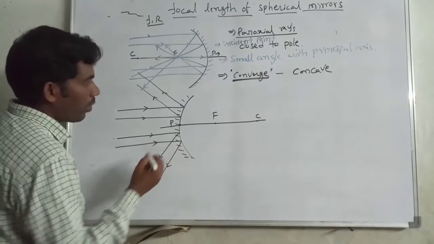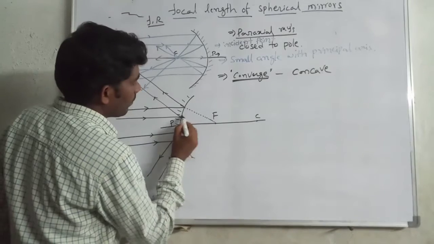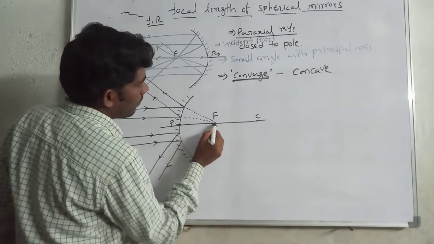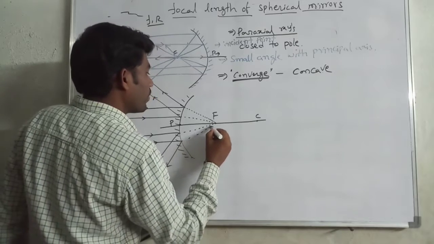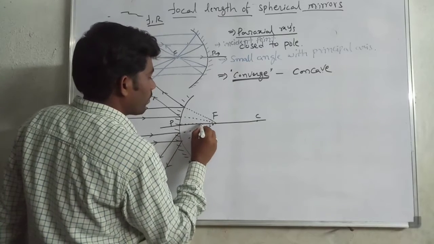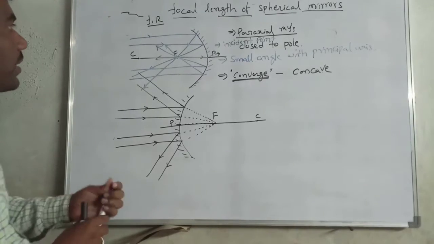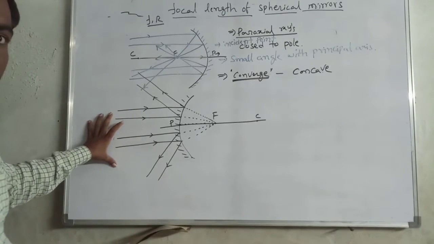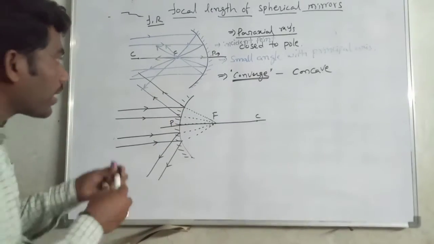Same in this case, a beam of light is incident on the convex mirror.